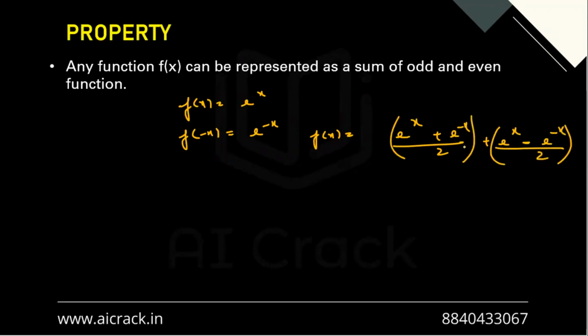So these are two functions, right? And we got to see that this one is an even function and this one is an odd function. So basically we wrote e raised to power x as a summation of even and odd functions. So this is our property.